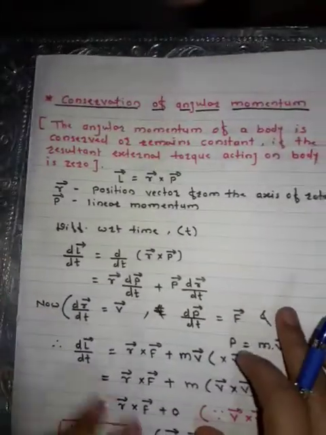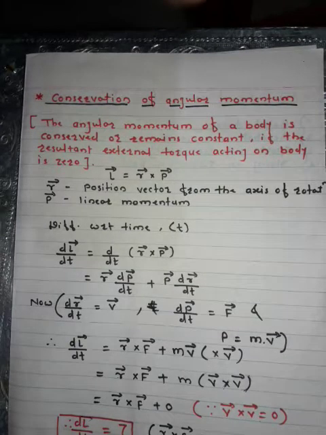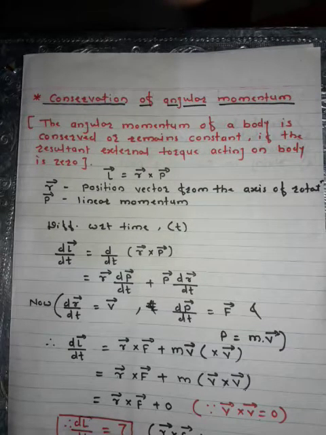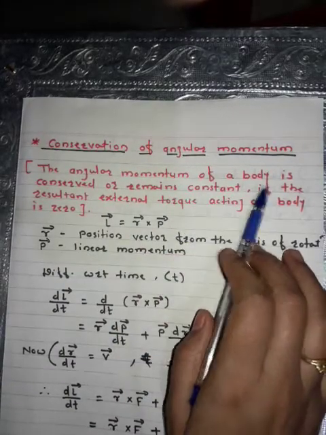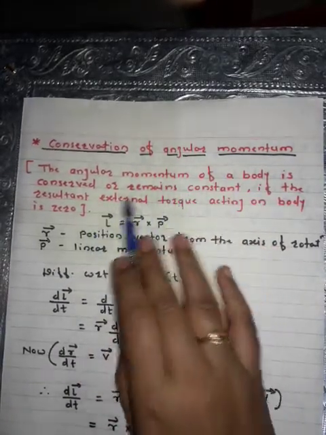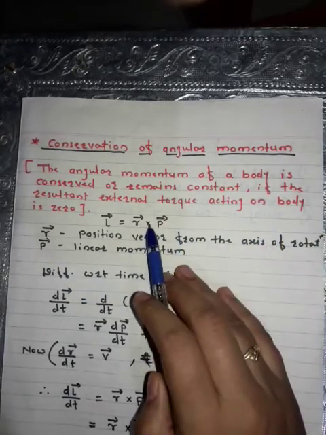Now next is the principle of conservation of angular momentum. In 11th standard we have already seen the principle of conservation of angular momentum, which says that the angular momentum of a body is conserved or remains constant if the resultant torque acting on the body is 0.